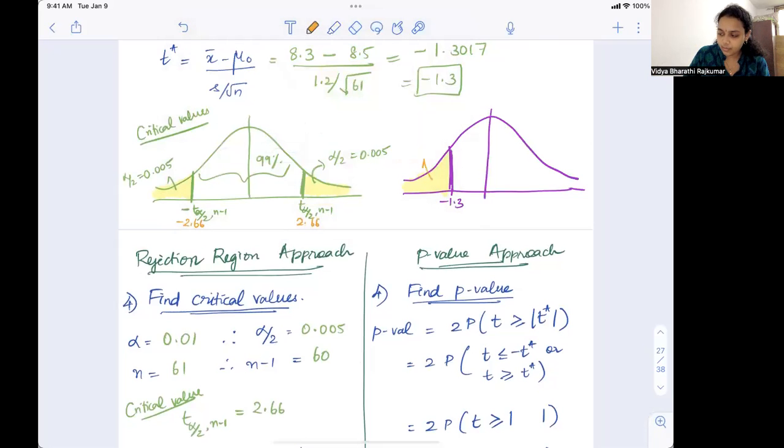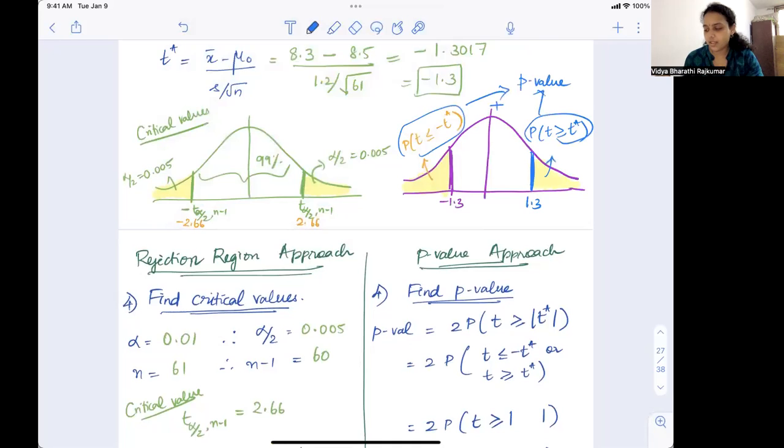So this is the probability of t being lesser than minus t star. I also have to look at the corresponding other tail, and look at the probability of getting t greater than or equal to t star.